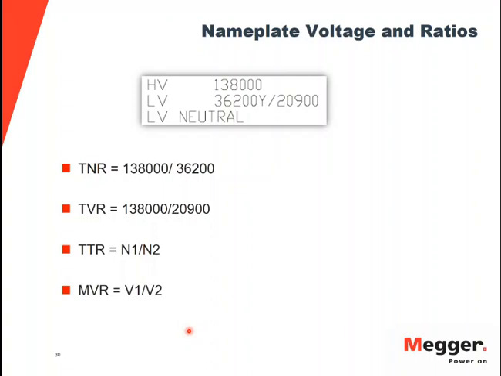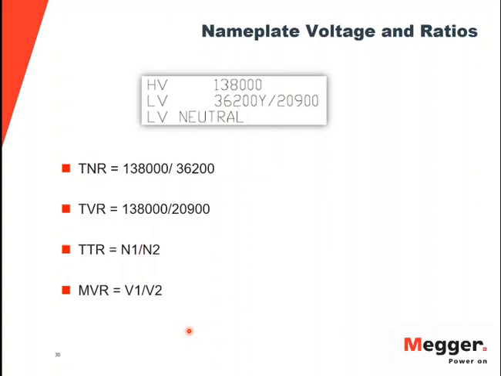Your transformer nameplate ratio would be the ratio of line-to-line quantities, so it would be the ratio of 138 kV to 36.2 kV. Whereas the TVR, which is transformer voltage ratio, is a ratio of phase quantities, which is 138 kV of the delta side to the phase value of the Y side, which is 20.9 kV.